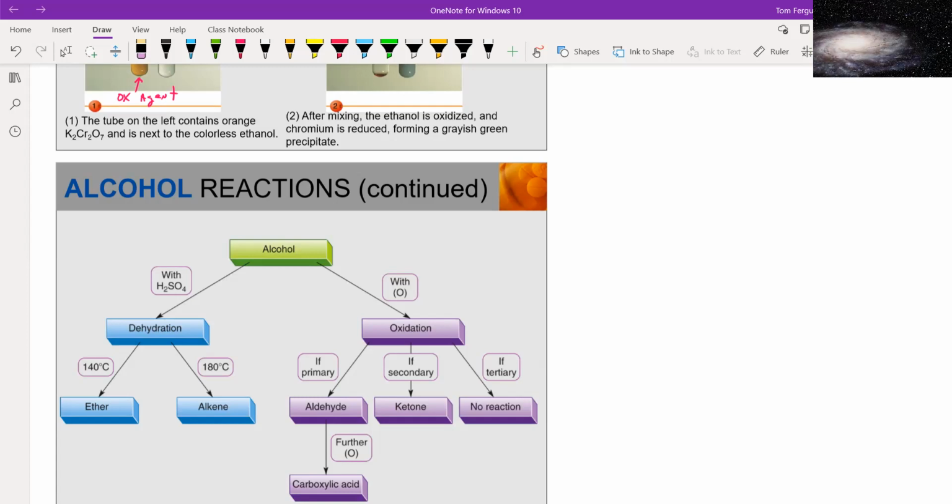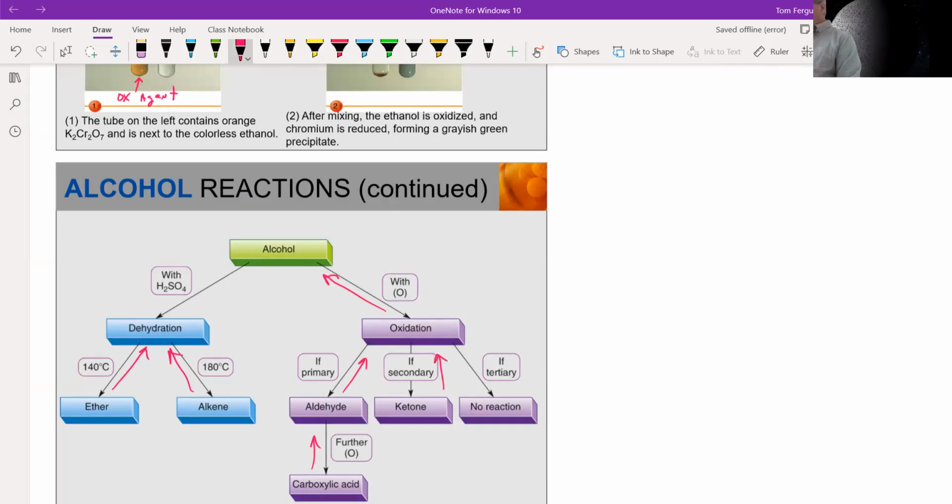And remember, all these arrows also have the opposite reaction. So really, if we're trying to figure out how to make something, we want to use the opposite arrows. If we're trying to synthesize something, you have to flip the arrows around.